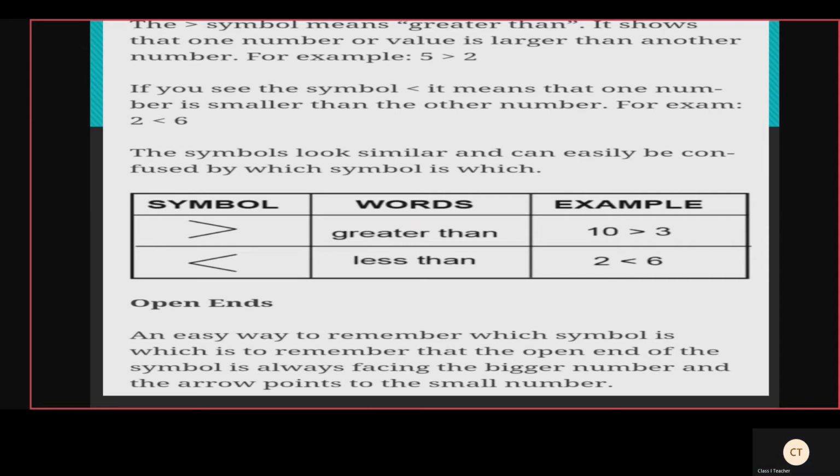Symbol, words, example. Again and again, repeatedly I am explaining, children, so that you can fix it in mind and remember. Try to fix the symbols in mind.